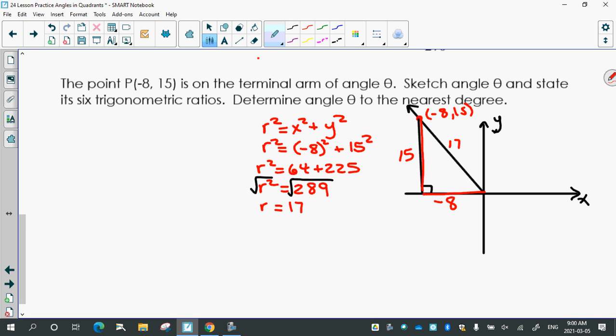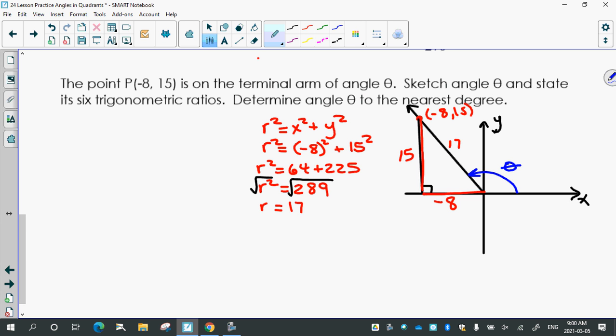And then we forgot to label the most important thing, or we didn't forget, but we left it till the end, is that's actually angle theta. So angle theta, remember we said if we're in the second quadrant, it's going to be an angle between 90 and 180. So the angle starts here and it goes counterclockwise until it hits the terminal arm. So this angle here is angle theta.